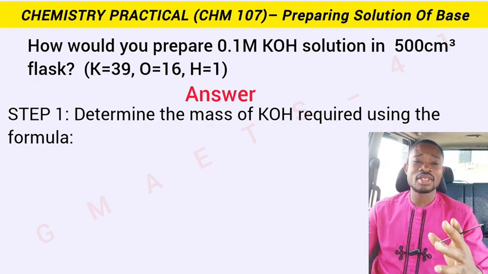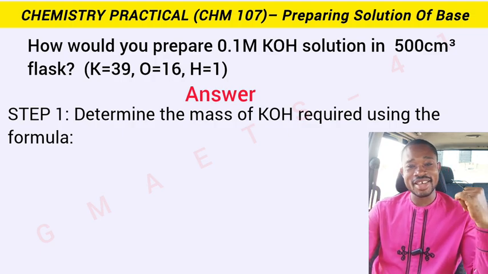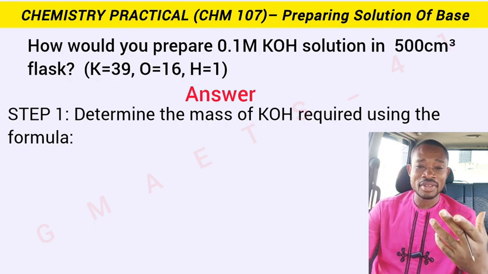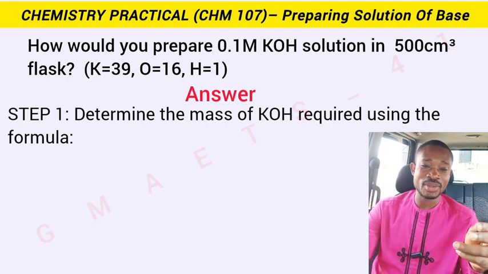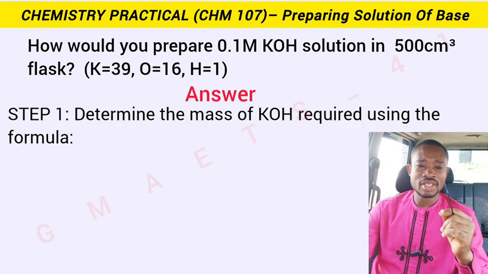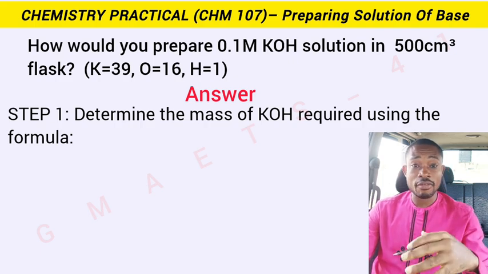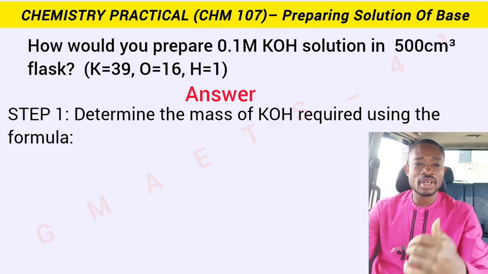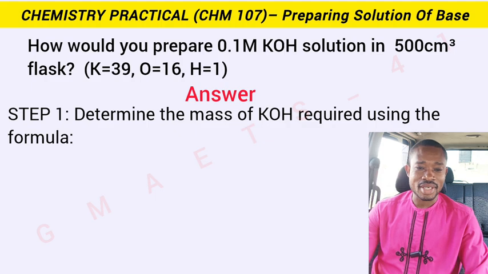Now, how do you determine this mass? It's just like in the case of acid. In our previous class, what you had to determine there was the volume to be diluted. So in the case of base, because it comes in solid form, you determine the mass of the base that needs to be dissolved. Which formula do you need in order to determine the mass?